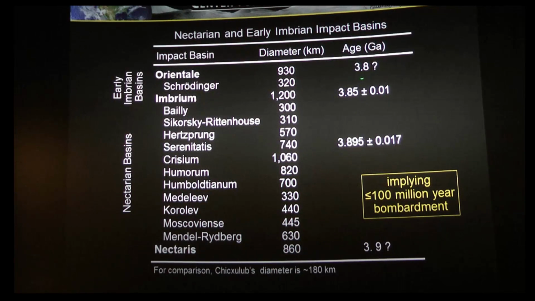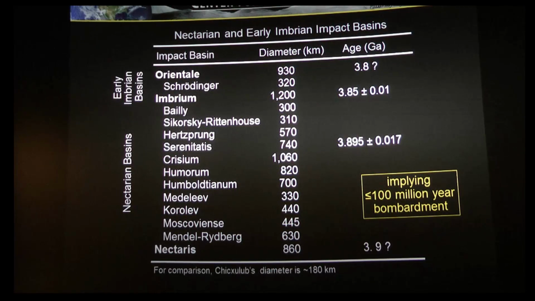And we have some hints that Orientale was produced 3.8 billion years ago, and Nectaris, the oldest of them, was produced about 3.9 billion years ago. And so if you look at that range of ages, you realize that all of these impact events were occurring in a very small amount of geologic time, hence the term the lunar impact cataclysm.